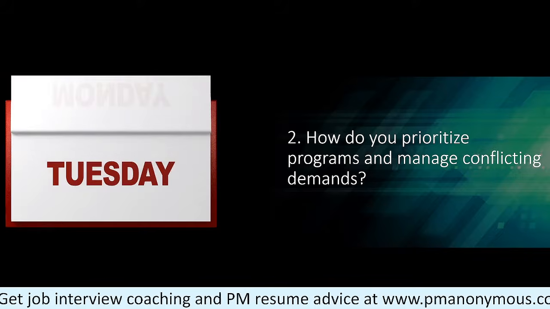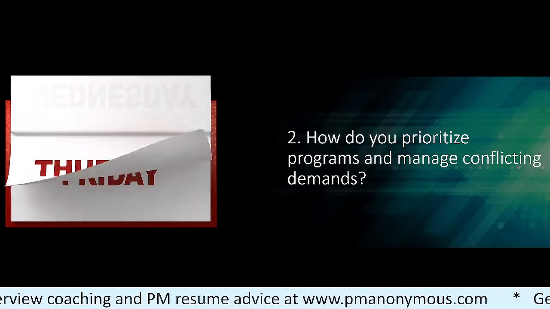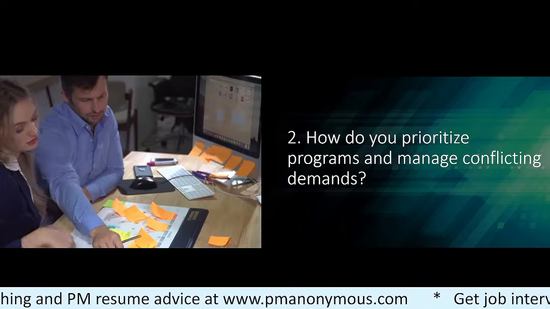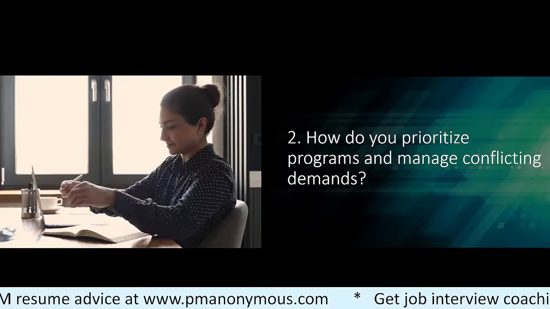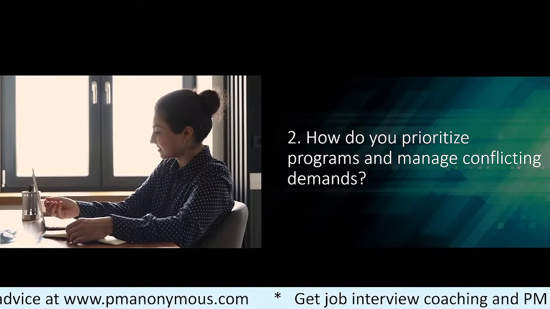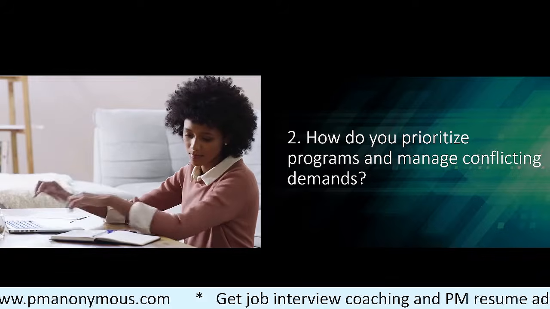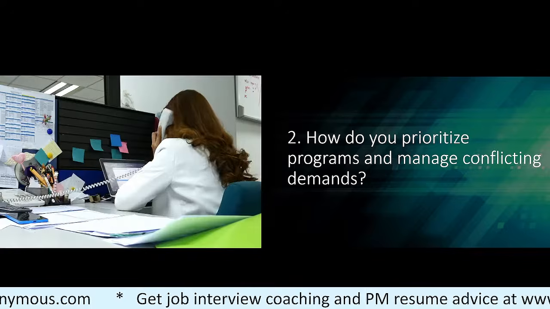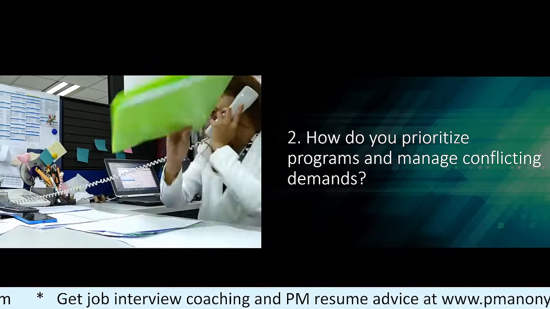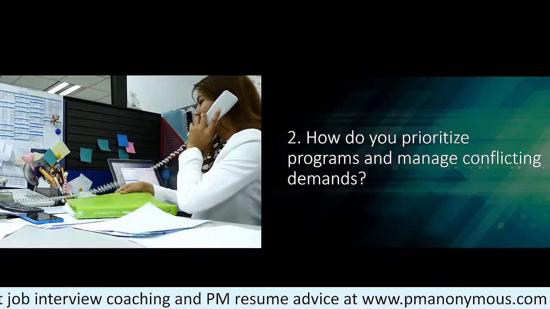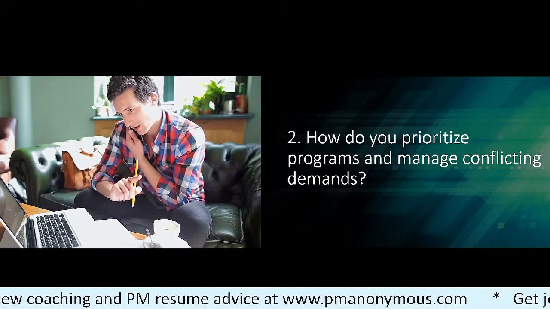When demands conflict, I work with stakeholders to ensure we have a common understanding of trade-offs, and I make informed decisions with my stakeholders that balance priorities and maintain progress towards our overall goals.